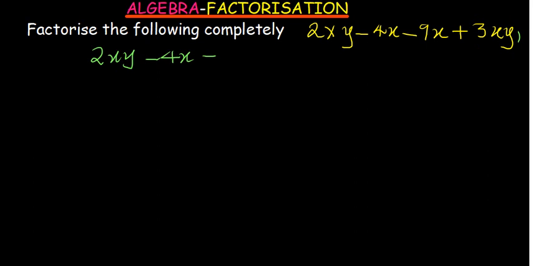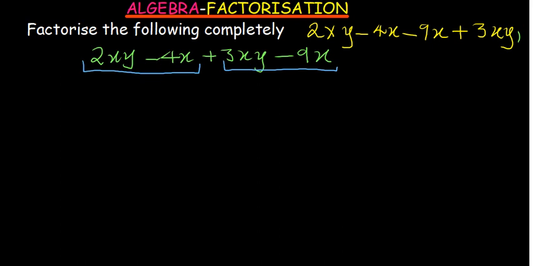So I'm going to write 3xy, and then I'm going to write negative 9x. Okay, like that. The next thing that I'm going to do, you are going to take them 2 by 2. You have got 4 of them, so we're going to get the first 2 and then the last 2.